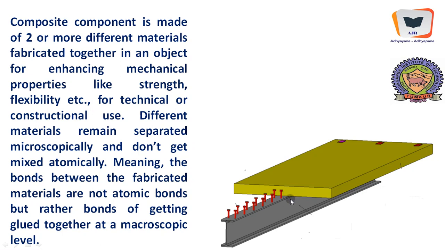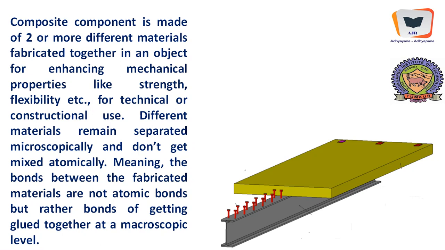Of course, the analysis in this example is going to be a little complex and we are not going to deal with this kind of composite action. But however, this serves as an excellent example as to how the composite sections behave whenever they are loaded. Anyway, by nature, steel is very strong in taking tension and concrete is very strong in taking compression.